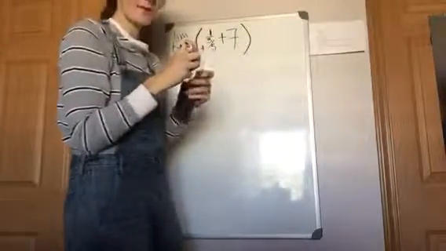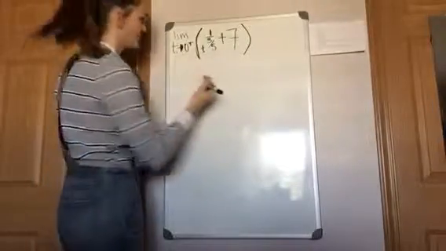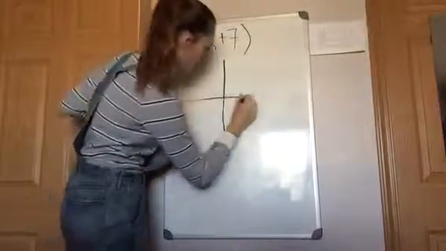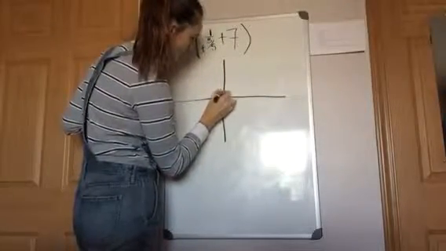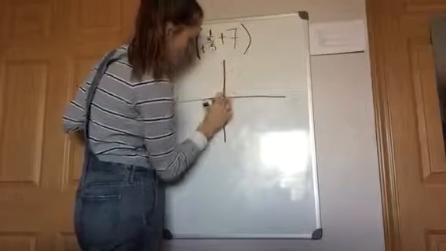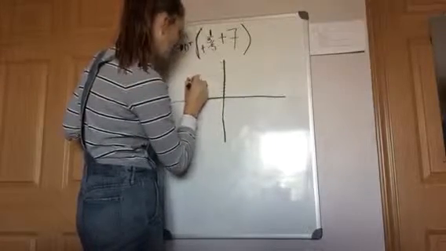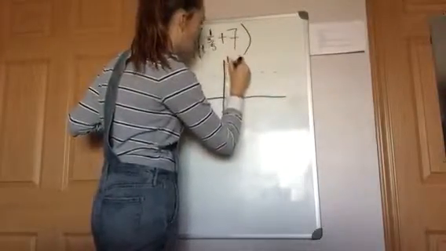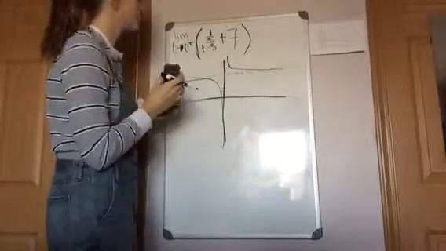So, if we draw the graph for this function, it makes this much easier. So for our graph, we have a horizontal asymptote at 7. 1, 2, 3, 4, 5, 6, 7. So our graph looks a little something like this.